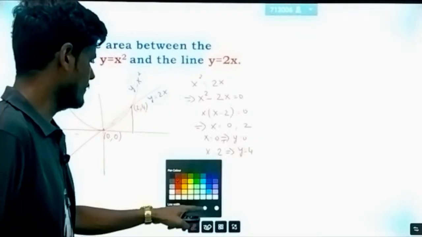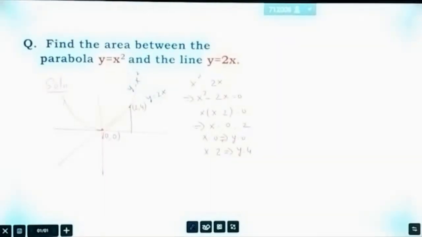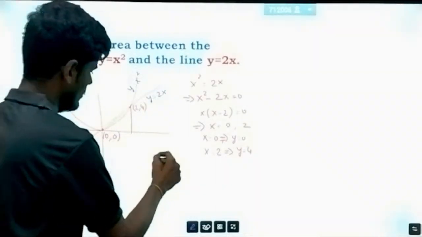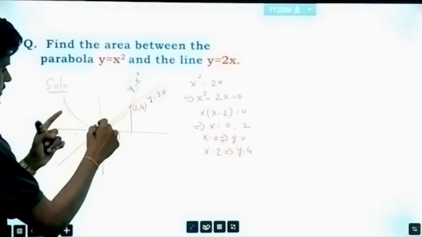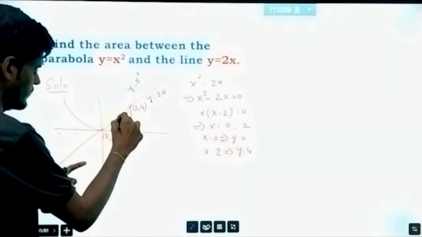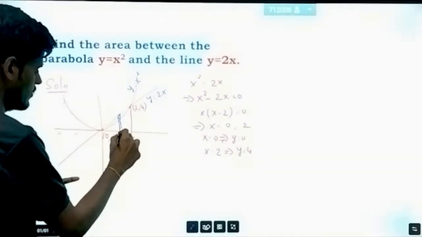Next, what we need to do? After finding the points, next we need to find the area, that is write in definite integral form. Here we can take strip along dx. We can take either dx or dy.